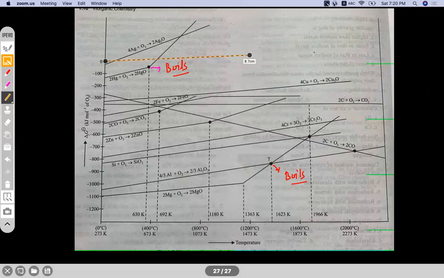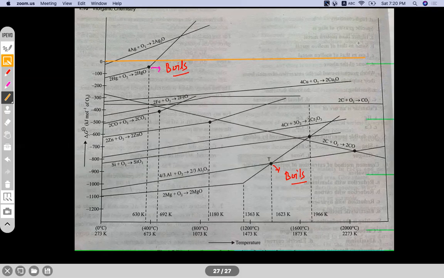Another very important point: consider this line corresponding to delta G equals 0. Below this line, for all the reactions, delta G is less than 0. When delta G is less than 0, it is spontaneous and the oxides are quite stable. Obviously, each reaction line will cross the line at some temperature.